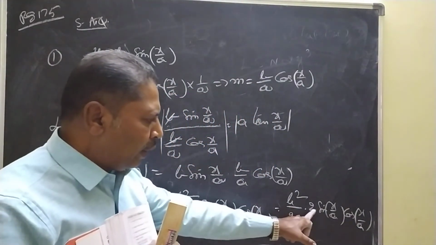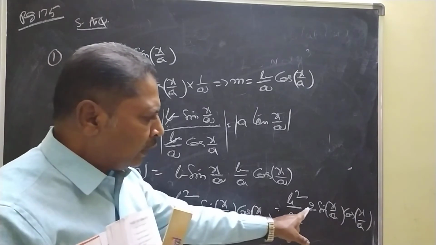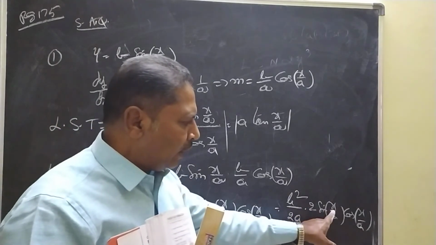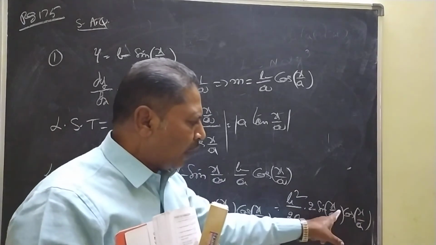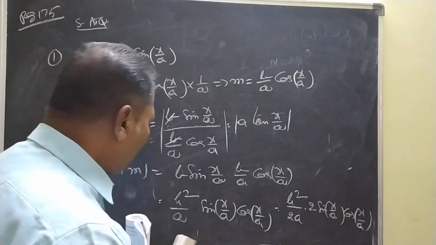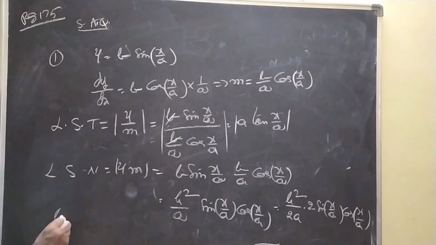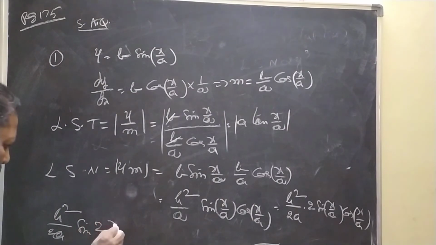This is in the form of 2 sin a cos a, equal to sin 2a formula. So answer is b square by 2a sin 2 into x by a.